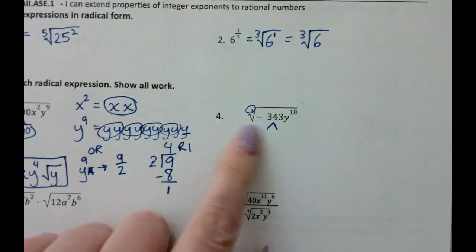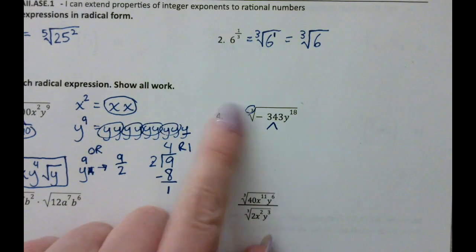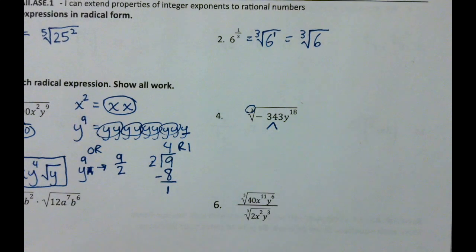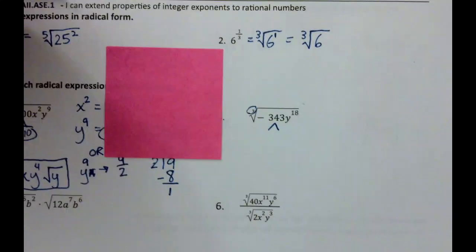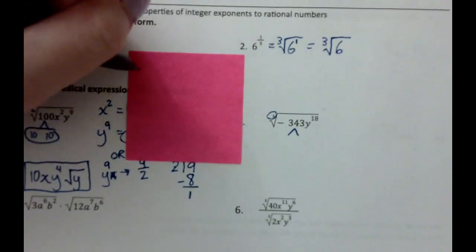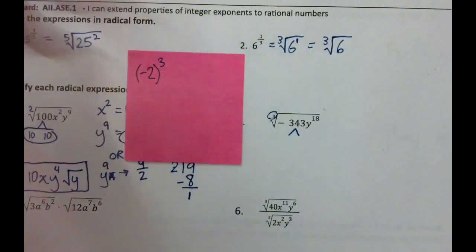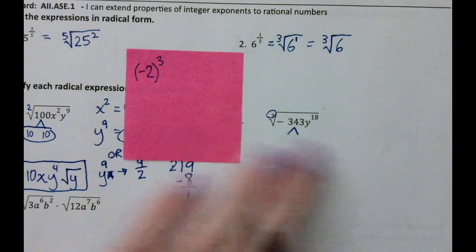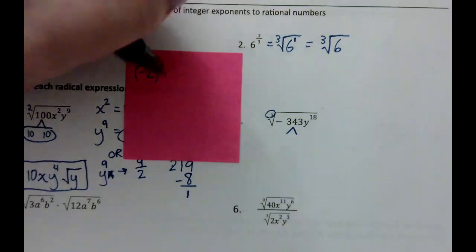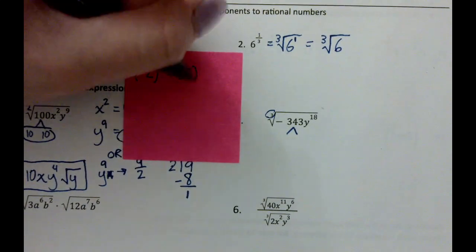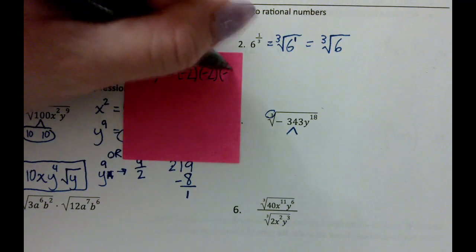First off, everyone gets so tripped up over the negative. Let me demonstrate. Let's do negative 2. So I'm doing a different example right now, so ignore this for now. Negative 2 cubed is negative 2 times negative 2 times negative 2.